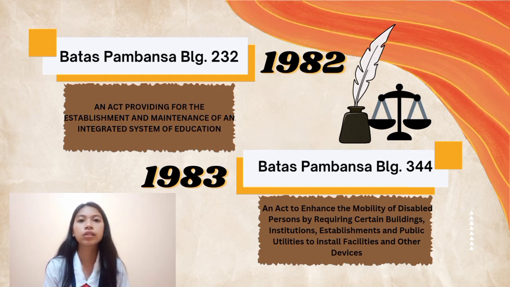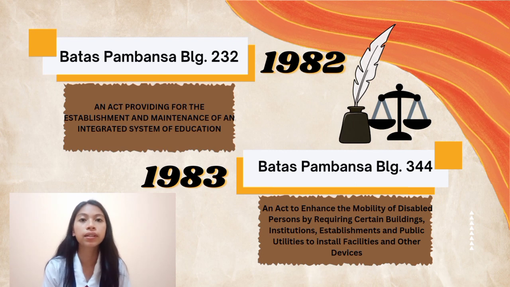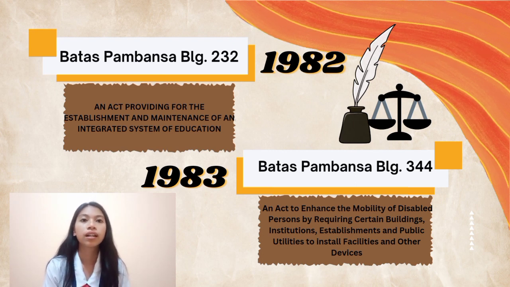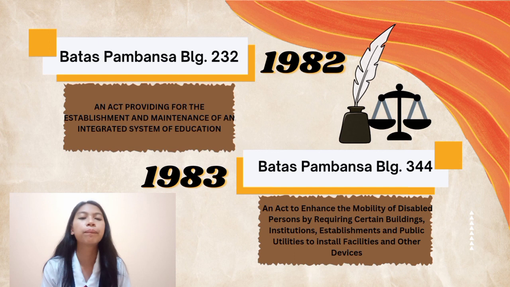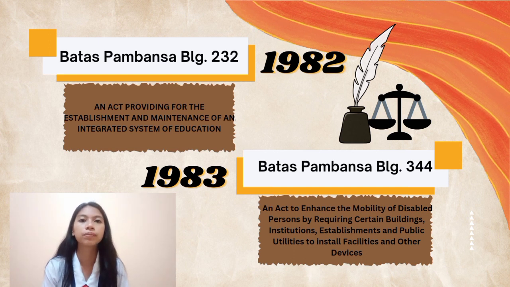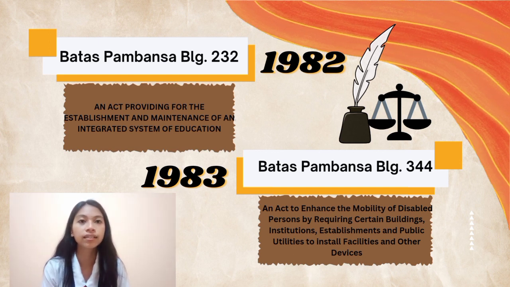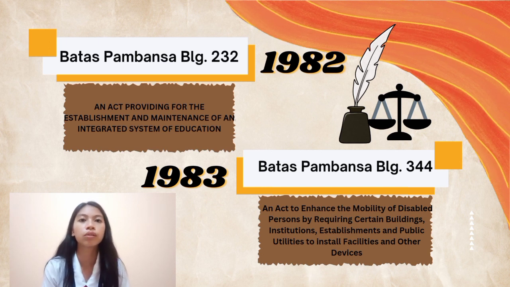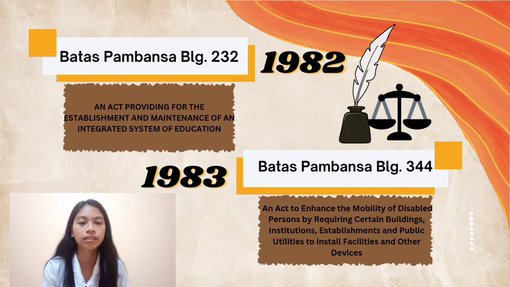We have here also the 1983 Batas Pambansa Blg. 344. It is an act to enhance the mobility of disabled persons by requiring certain buildings, institutions, establishments, and public utilities to install facilities and other devices.